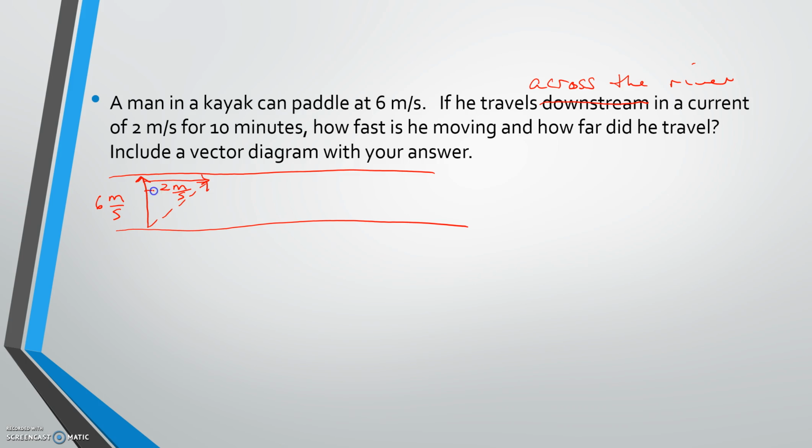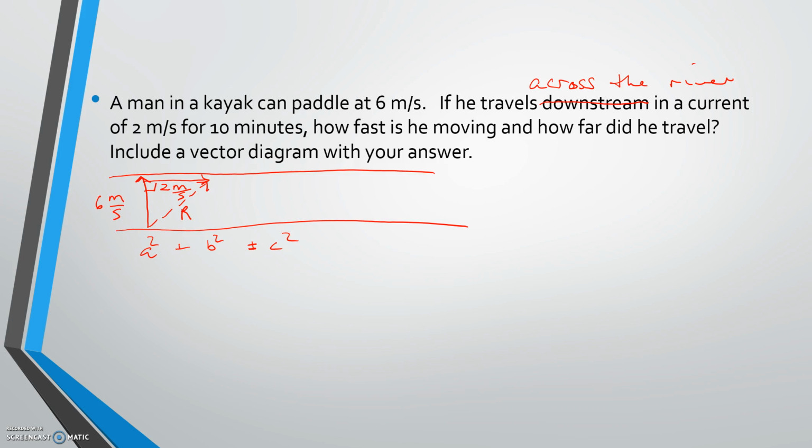So when we talk about our resultant, we're talking about the hypotenuse of a right triangle. So we're going to need to use our Pythagorean theorem. We've got a squared plus b squared equals c squared.